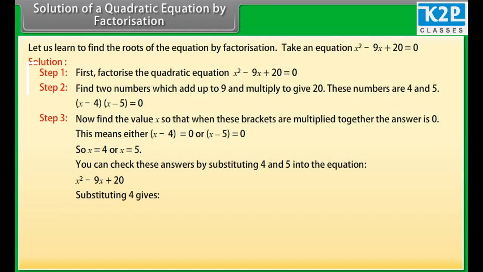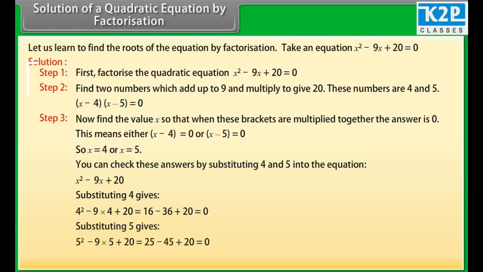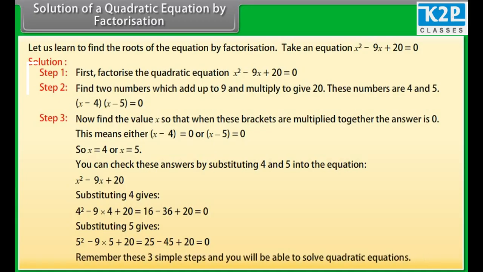Substituting 4 gives 4 square minus 9 into 4 plus 20, which is 16 minus 36 plus 20 equals 0. Substituting 5 gives 5 square minus 9 into 5 plus 20, which is 25 minus 45 plus 20 equals 0. Remember these three simple steps and you will be able to solve quadratic equations.